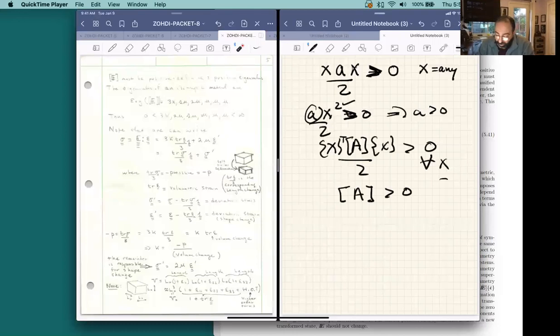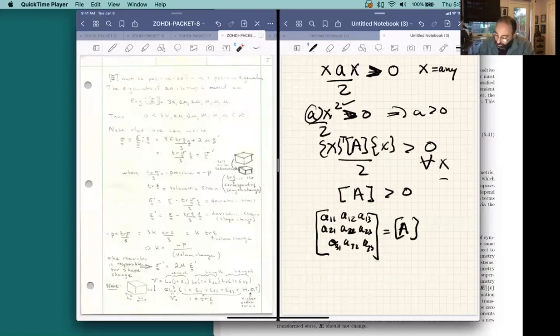It doesn't mean that every single entry of A is bigger than 0. If A was a 3 by 3 matrix, it doesn't mean A11, A12, A13, A21, A22, A23, A31, A32, A33. That's what A is.